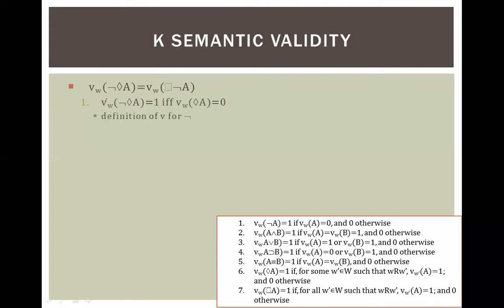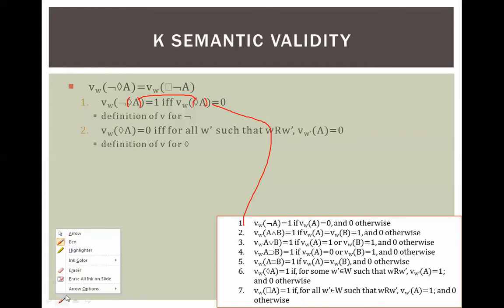First, the truth value at W of not possibly A is 1 if and only if the truth value at W of possibly A is 0. And that's from this rule right here, right? So not this is true if the same thing is false.